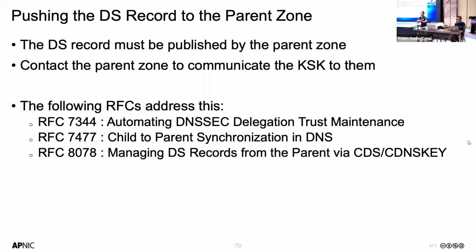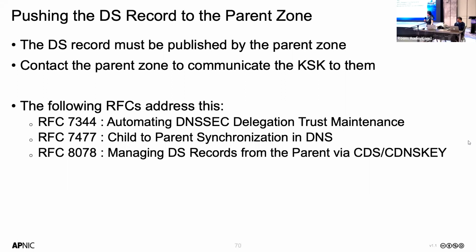Usually they will have an online form, like for members or subscribers, and you can fill in the details. Once you've submitted that, they will usually have a script that will pull that information, and depending on their SLA, maybe every hour, they would add that record into their zone file and sign it.